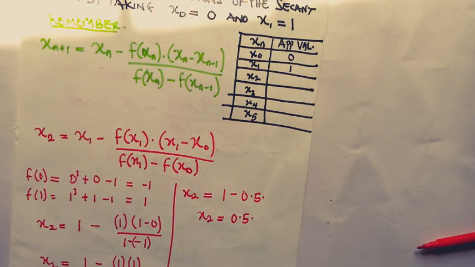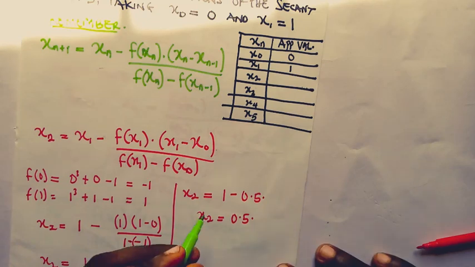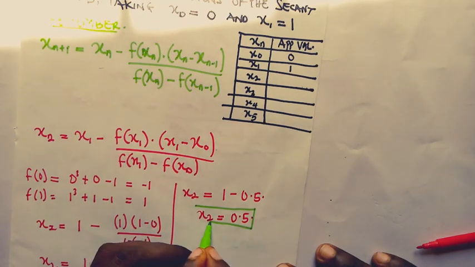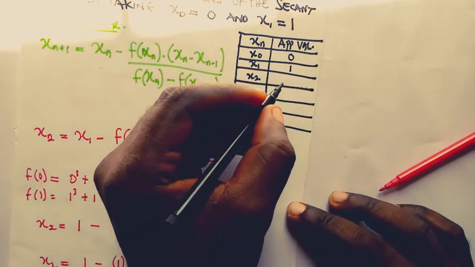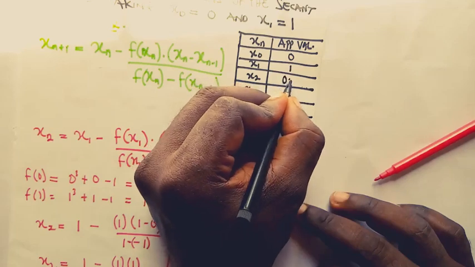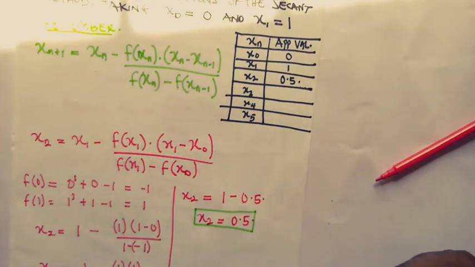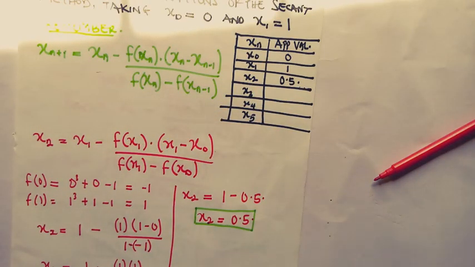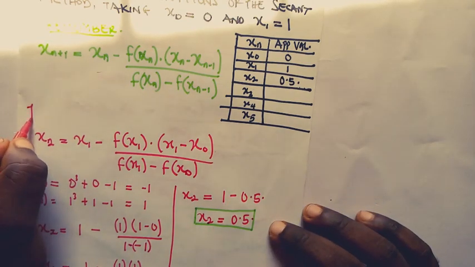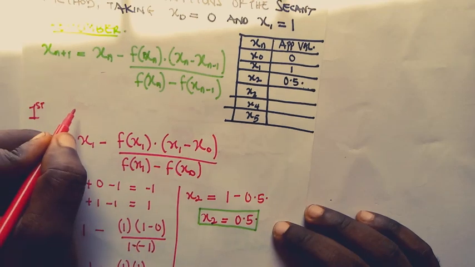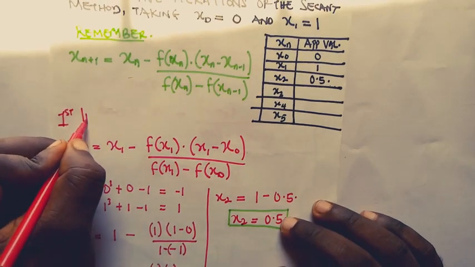That is x2 is 0.5, and I fill that into this table to say x2 is 0.5. I call this the first iteration.